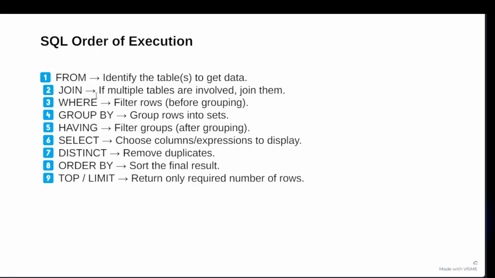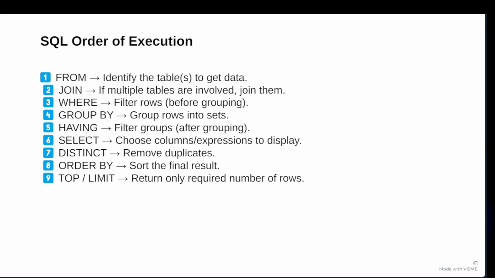Then if there are many tables involved, the JOIN keyword will execute next. Then the WHERE keyword which will filter the rows before grouping. After the WHERE clause, the GROUP BY clause will execute and group the similar kind of data into groups. After the GROUP BY clause, the HAVING clause will execute, and the HAVING clause is used to filter the grouped data.